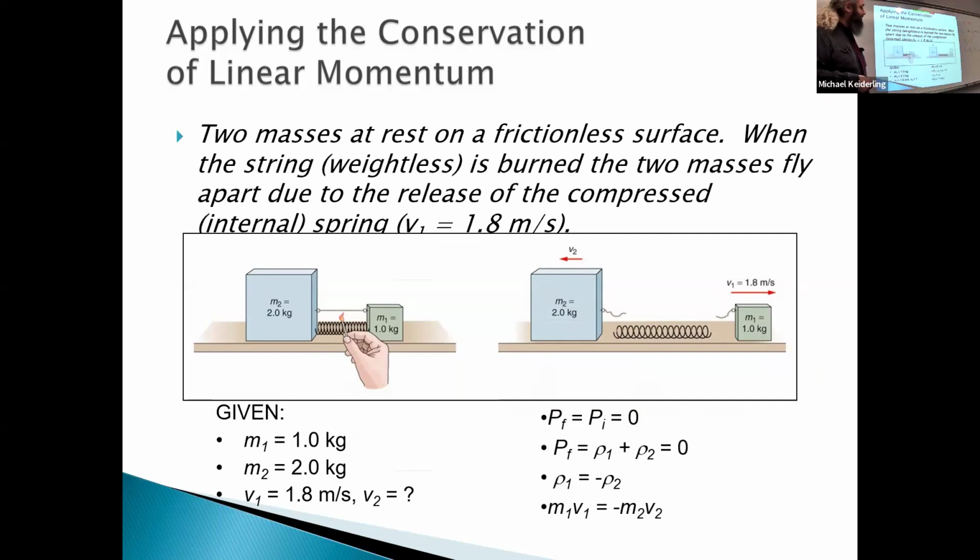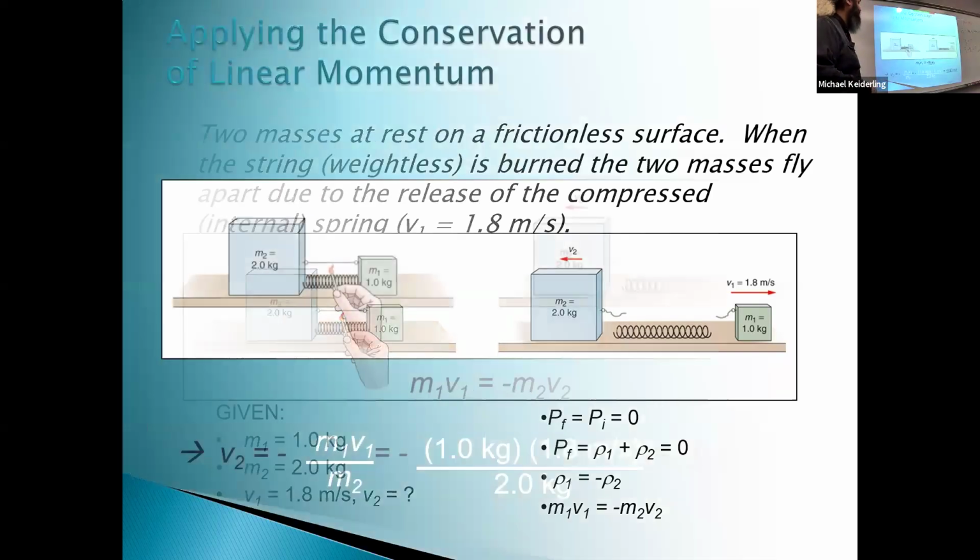The final momentum equals the initial momentum, and that equals zero. And the final momentum is going to be the momentum of object one plus the momentum of object two, and that'll equal zero. So if we solve that, momentum one will equal minus momentum two. So mass one times velocity one will equal minus mass two times velocity two. Because again, we're adding those up, the total has to equal zero.